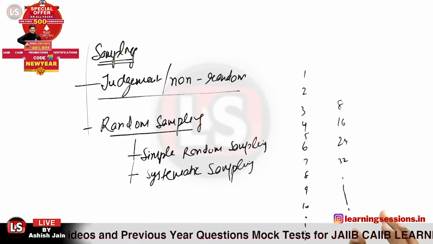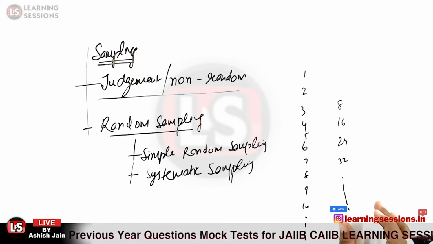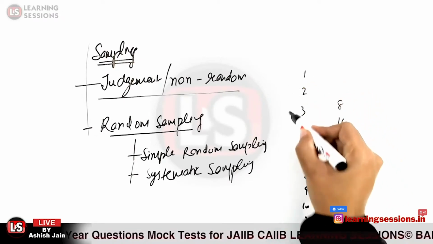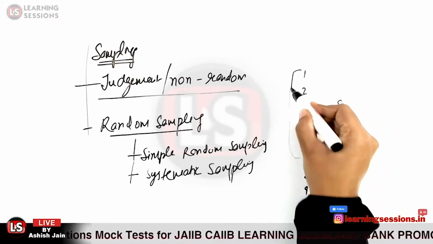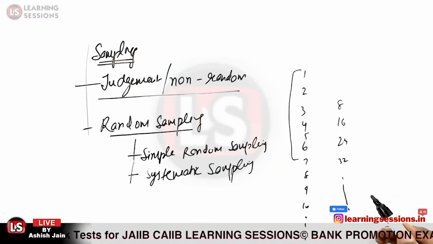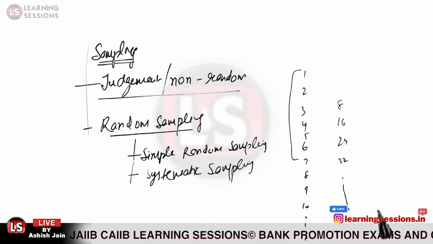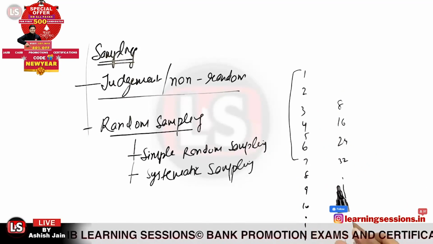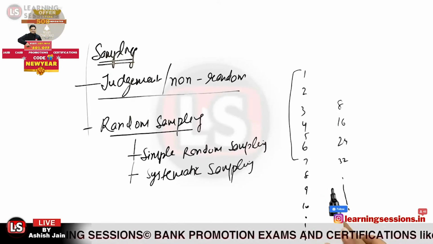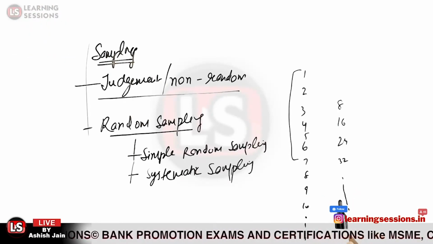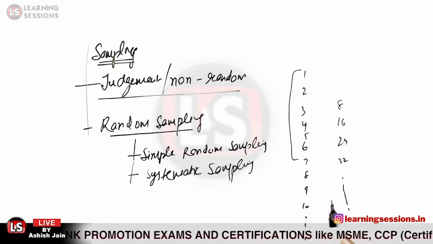Now in this particular case, persons 1 to 7 never got a chance to be selected into the sample itself, because we selected each and every 8th student.